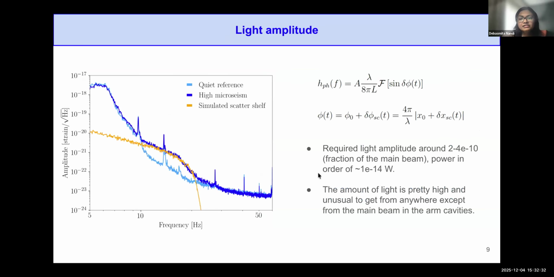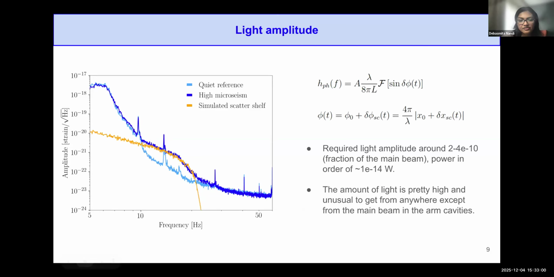The third parameter that we need to know is the light amplitude, and the way we calculate this is by fitting the noise spectra using this formula. This is shown in the orange trace here, and we have seen in different examples that we need a light amplitude of 2 to 4 times 10 to the power minus 10.